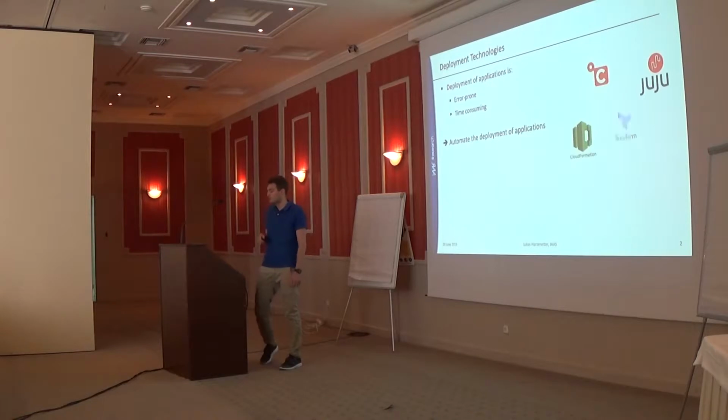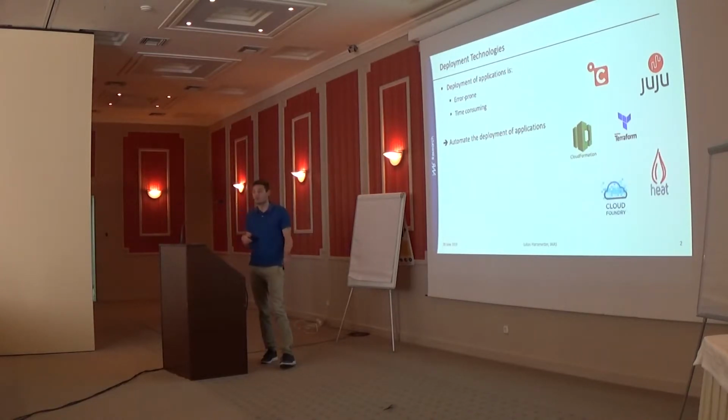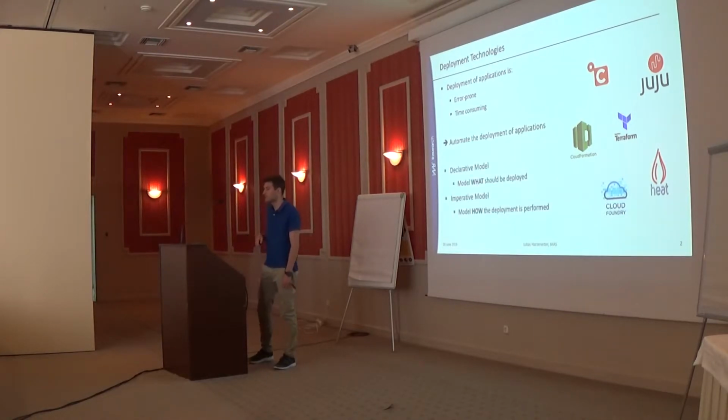There are declarative deployment models, where we model what should be deployed, so the actual components and their relations, and then we have an imperative model which describes how the deployment should be performed.